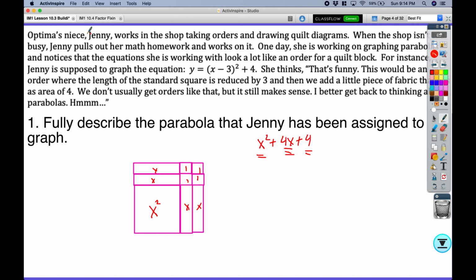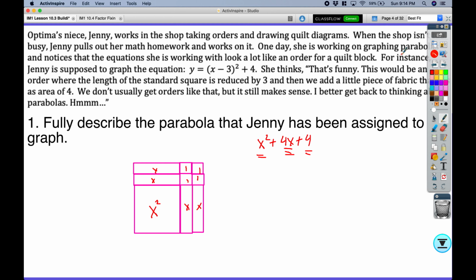So it says Optima's niece Jenny works at a shop taking orders of drawing quilt diagrams. When the shop isn't busy, Jenny pulls out her math homework and works on it. One day she's working on a graphing parabola and notices the equation that she's working with is a lot like the order from the quilt blocks. For instance, Jenny is supposed to graph the equation y equals x minus 2 to the second power plus 4.